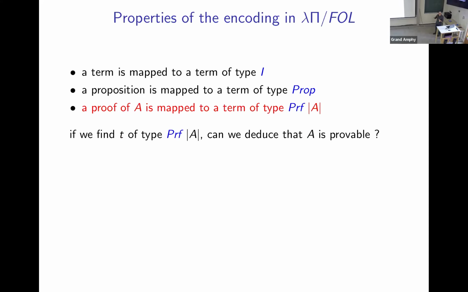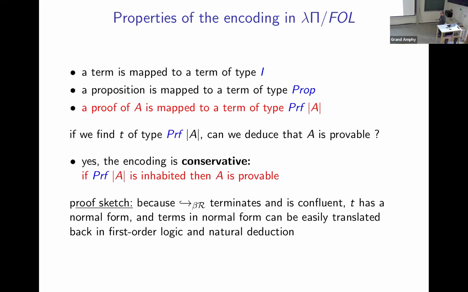And this is a conservativity property. It's important to check also this property, because in a translation you could imagine mapping every provable proposition to true. It's not very interesting. And it's possible to prove that if proof of A is inhabited, then indeed A is provable in first order logic.